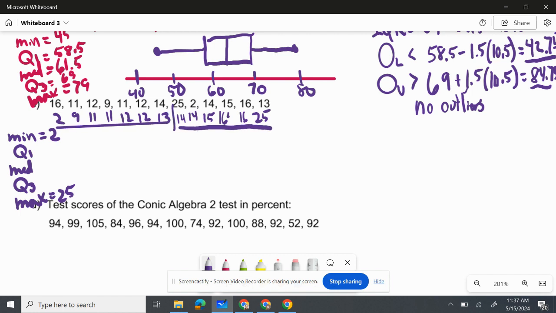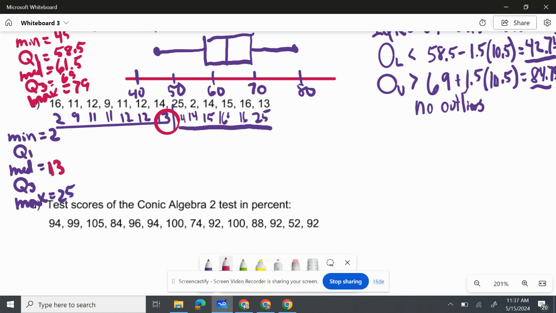And so in between them would be 13.5. Then we're going to find the middle of 6. I can run 1, 2, 3, 4, 5, 6, 7, 8, 9, 10, 11, 12, 13. It is 13. And that is our median.